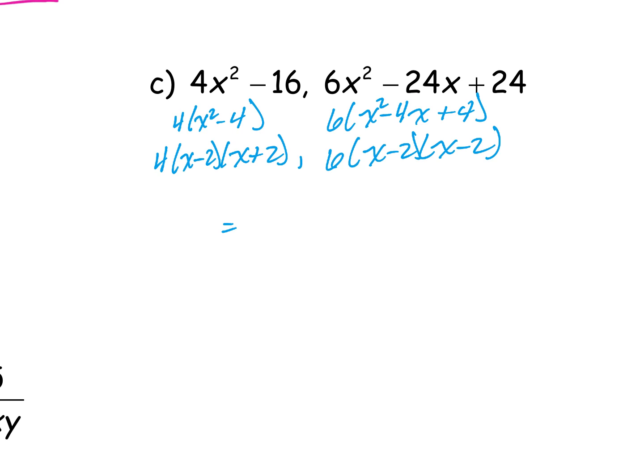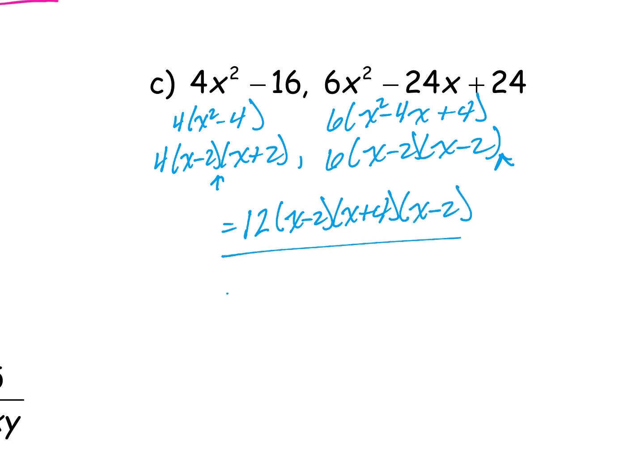So the smallest number that both 4 and 6 go into is 12. And like I said, I need everything that's in there. So that's x minus 2 and x plus 2. And then for my second one, I need another x minus 2. So you can write it that way, or I can write it as x plus 2 times x minus 2 squared.